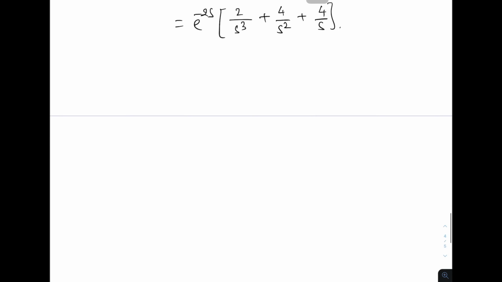And take one last example. It was asked in GTU winter 2016. Find Laplace transformation of t minus 4 square u of t minus 4.